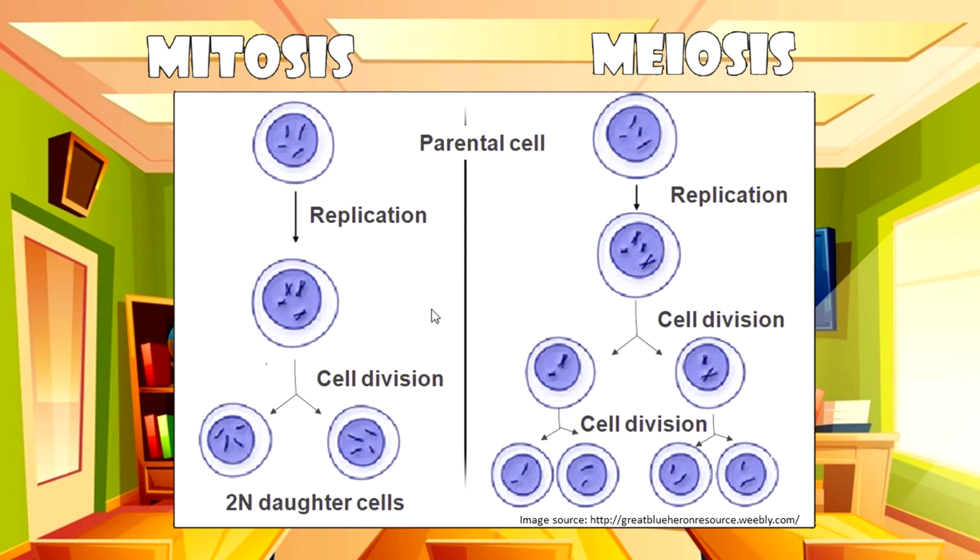In mitosis, there are 2 diploid daughters produced. These daughter cells formed are genetically identical to the parent cell. On the other hand, there will be 4 haploid daughter cells produced at the end of meiosis. These haploid cells will carry the traits from both parents.